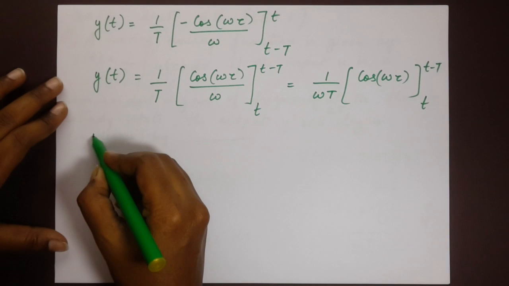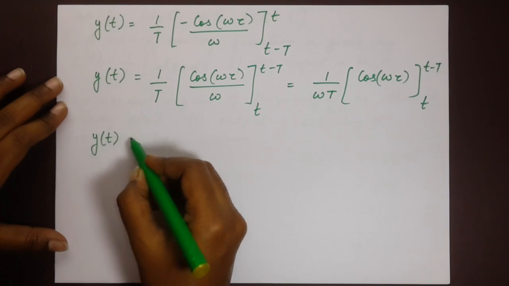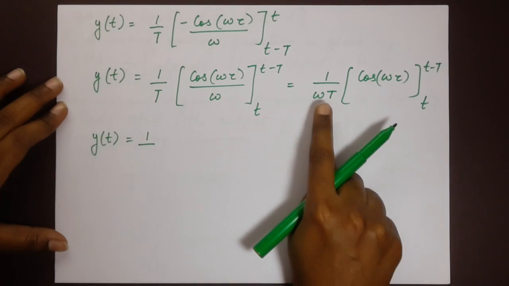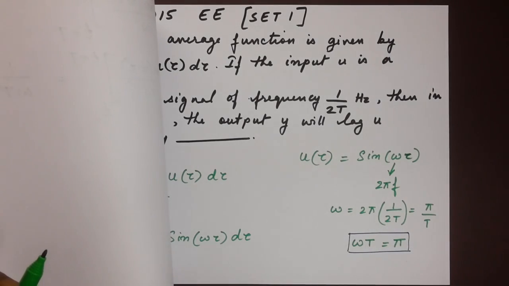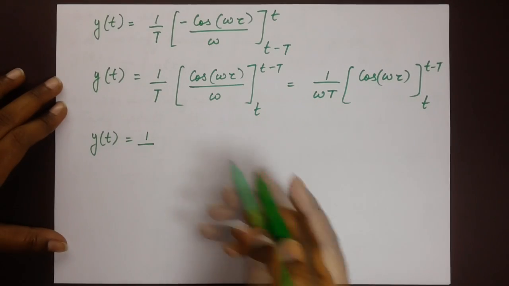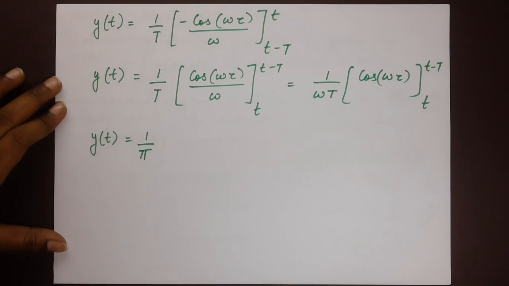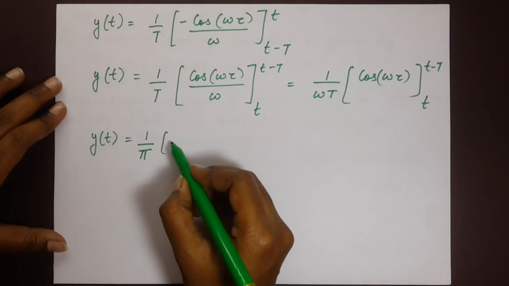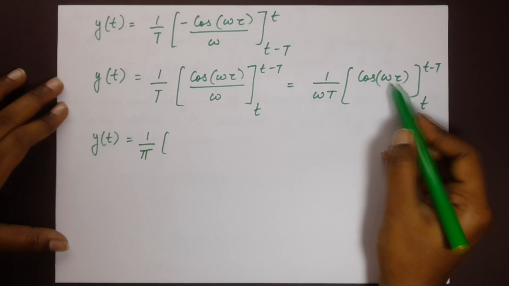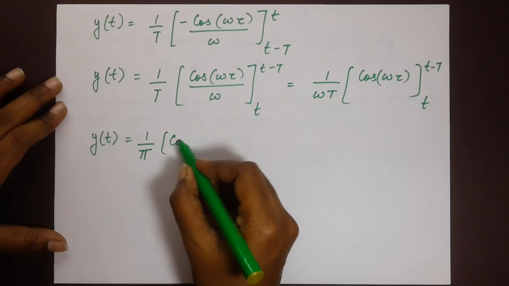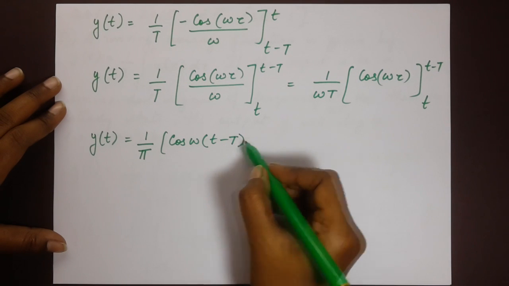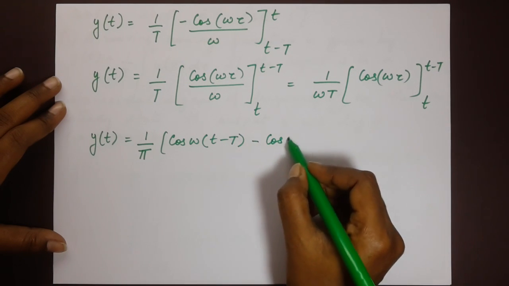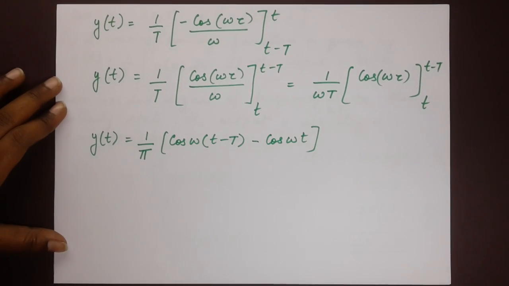Let's substitute and see what we get. Y of t is equal to 1 by, now in the previous step we found out the expression for omega T is equal to pi. So let's substitute 1 by pi into, now cos of omega tau, that would be cos of omega (t minus T) minus cos omega t.